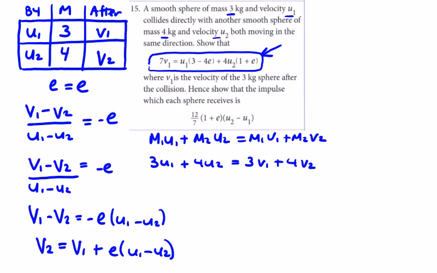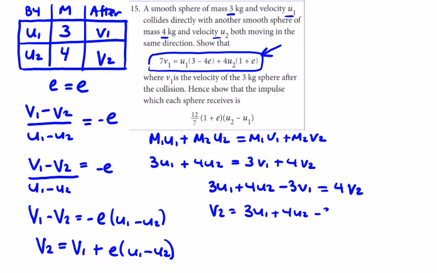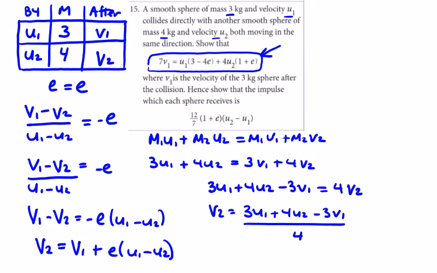So over here, if we want v2, we're going to say 3u1 plus 4u2 minus 3v1 is equal to 4v2. So v2 is equal to all of that, 3u1 plus 4u2 minus 3v1 all over 4. So we should be able to equate these two things.